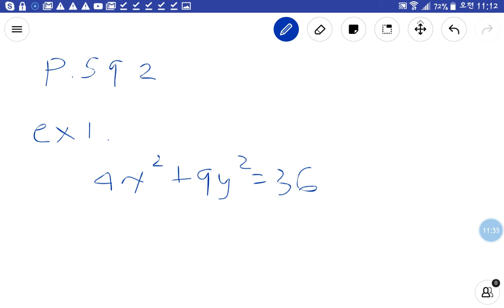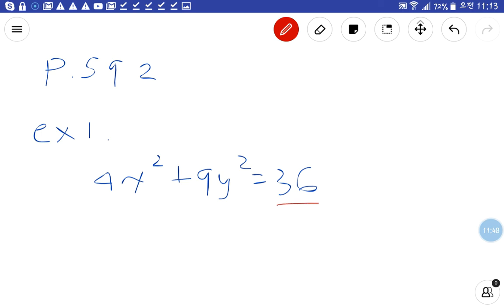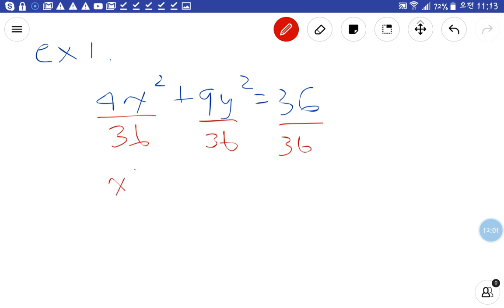When you go to the standard equation, we have x squared over a squared plus y squared over b squared, which is always 1. So you should make a 1 from 36 by dividing everything by 36. Then you have x squared over 9 plus y squared over 4 equals 1.